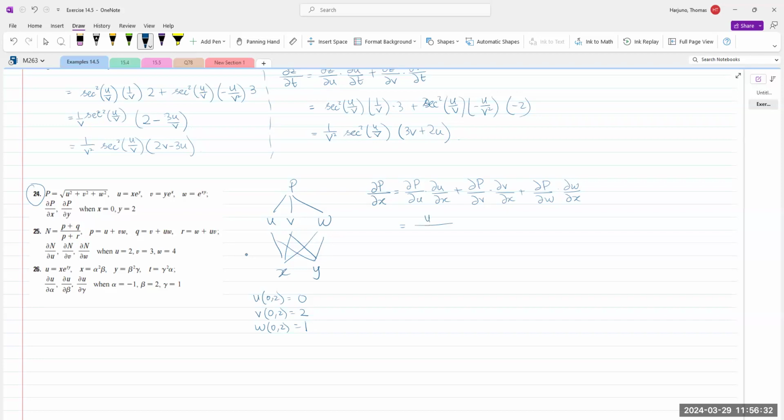That's u over the square root of u² + v² + w² times e^y, plus v over the square root of u² + v² + w² times the derivative with respect to x, that's y e^x, plus w over the square root of u² + v² + w² times the derivative with respect to x, that will be y e^(xy).